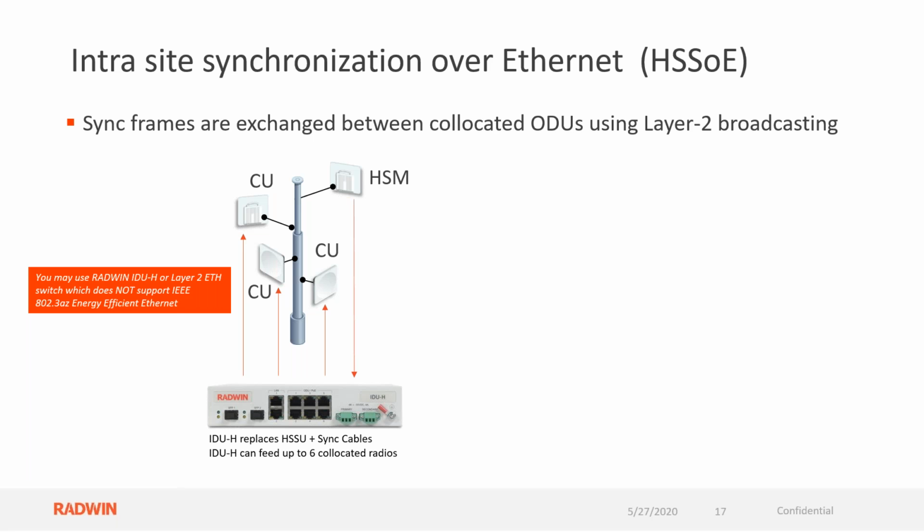And this is an additional reason why we need to synchronize. So the popular and most common synchronization method is over Ethernet, where we need a layer 2 Giga Ethernet switch. The other units are connected to the same switch, and the packets go between the master clock and the other entities, the radios, over Ethernet.